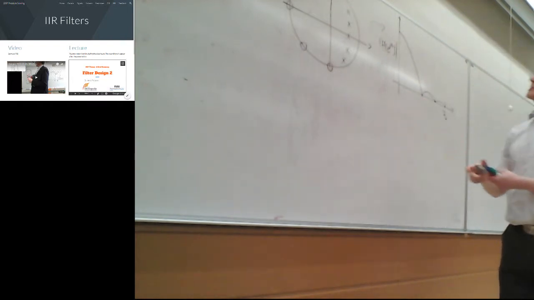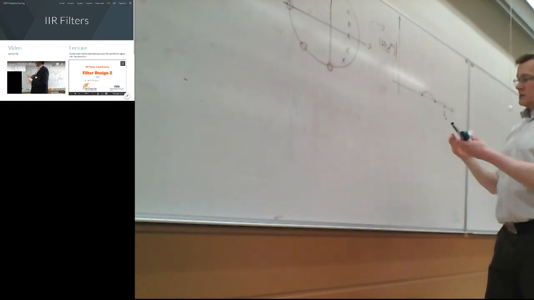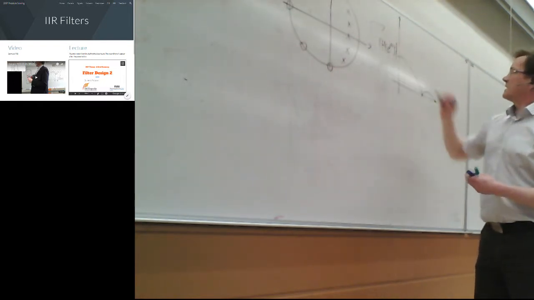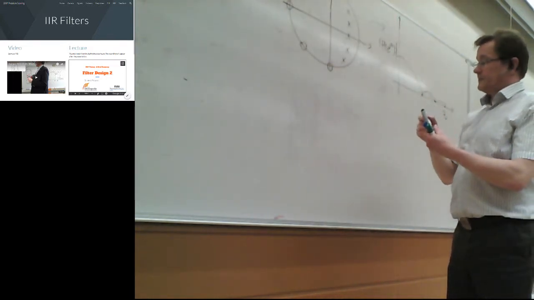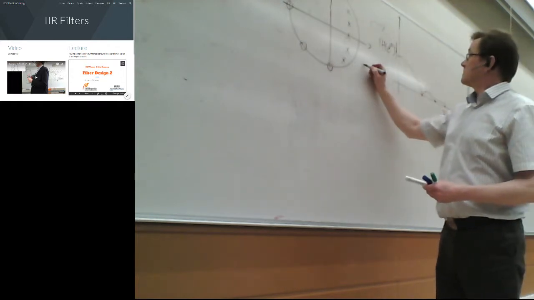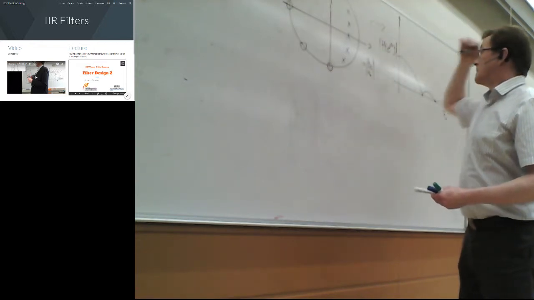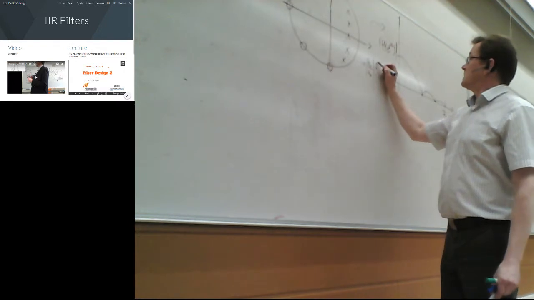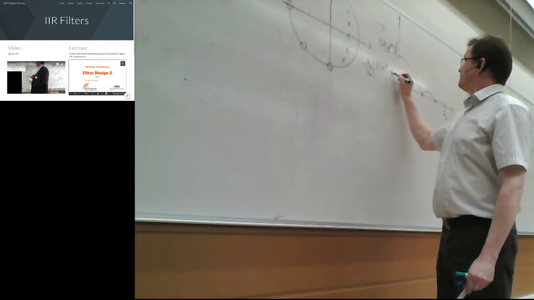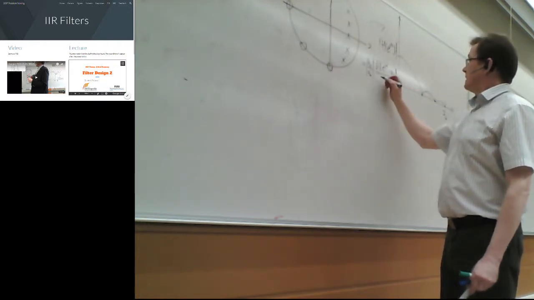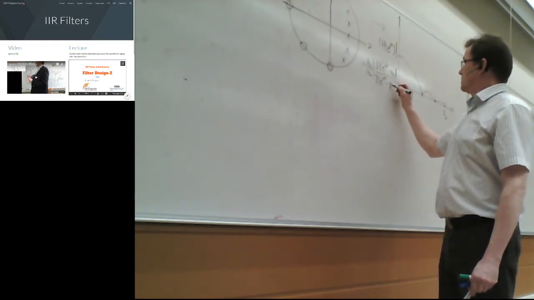But since we have the poles somewhere else than on the origin, oh, wait a minute, I need to put this one in a different place. Something like that. The amplitude response can also be marked like this, divided by e to j omega distance to poles.